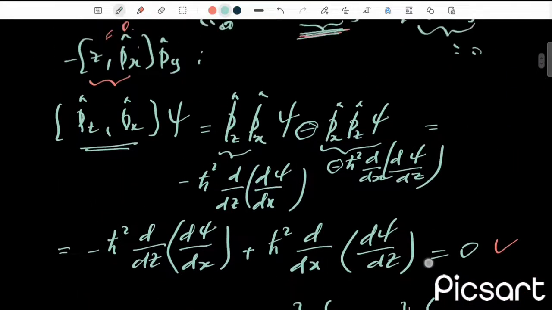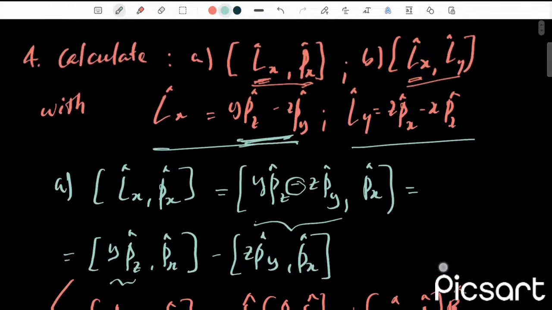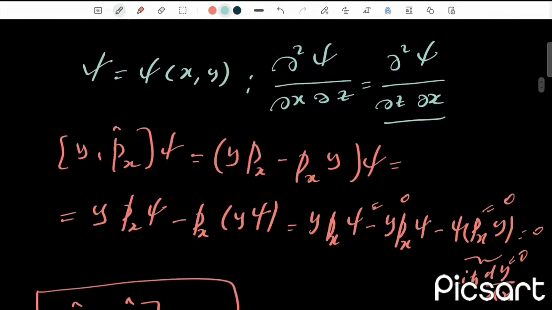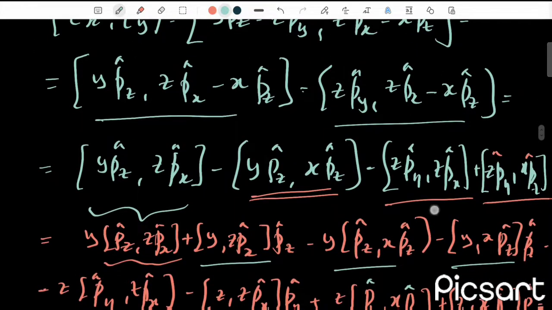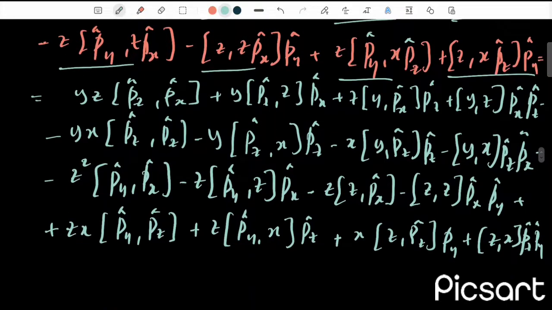We have also shown in the previous videos that the commutator between a position component and the corresponding linear momentum component is equal to i times h bar. Then here we have that this is 0.